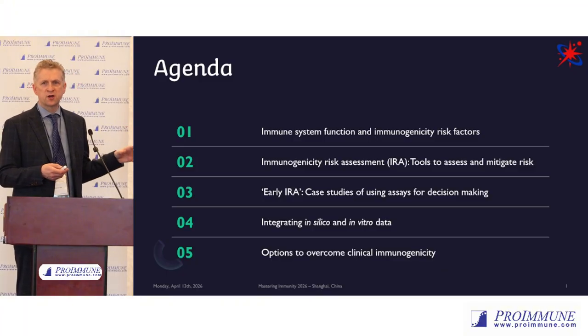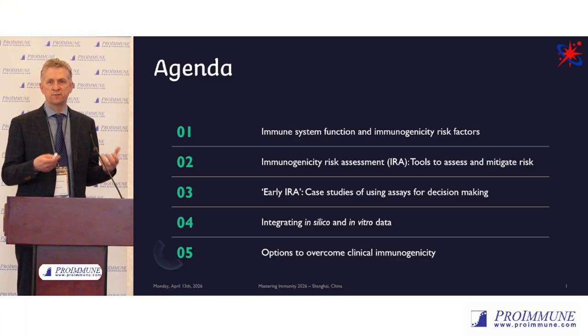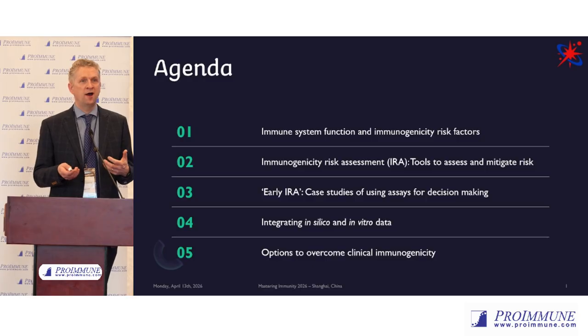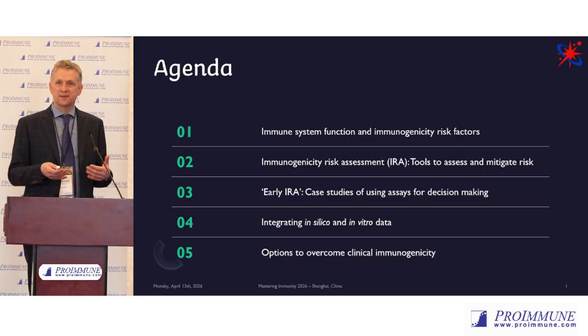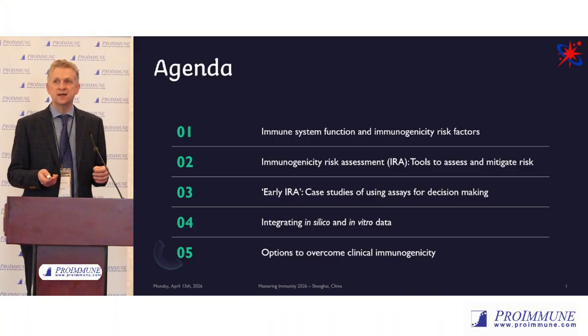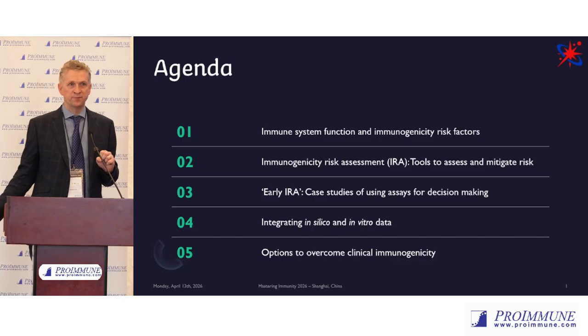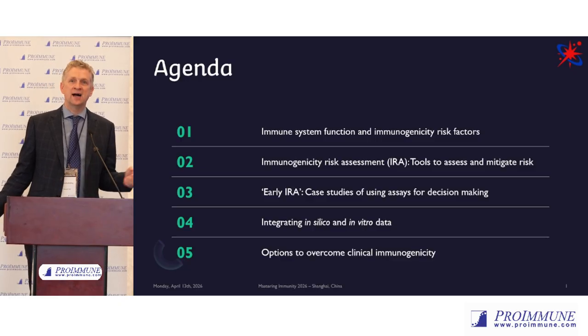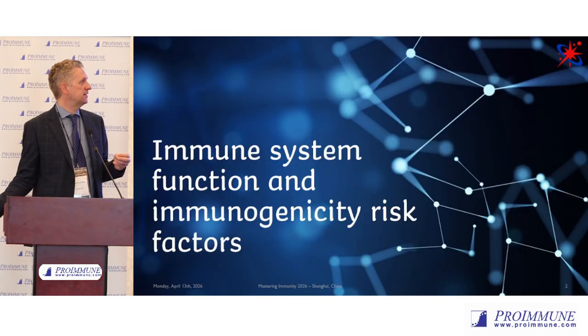And then I have a couple of slides at the end on, should immunogenicity occur and it's too much for the product class, what you can do in the clinical space. This really is a last resort though, so it's always best to proactively deal with the immunogenicity as you're making your product in the first place.